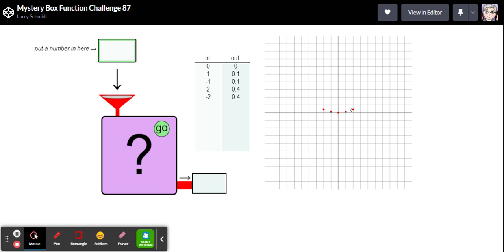And maybe you can see already that this is a curve just from looking at it, but you can also tell from the numbers. We go up 0.1 from 0 to 1, and then we go up another 0.3 from 1 to 2. So that is not the same slope between those two sections of the curve. So this is definitely a curve. So this must be a quadratic.